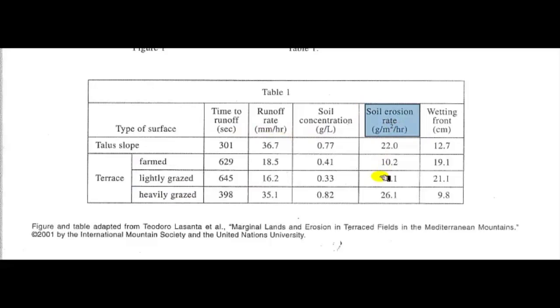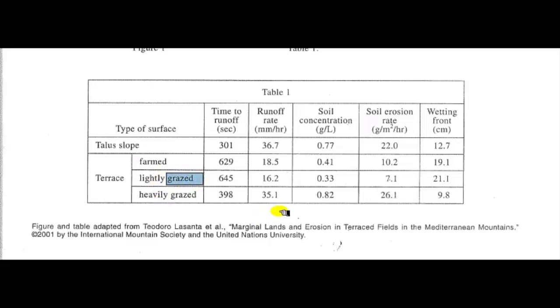Here is the erosion rate column. We compare light to heavy grazing. It looks like when there are lightly grazed terraces, the erosion rate is 7.1, which is considerably less than heavily grazed terraces at 26.1. So common knowledge would tell us this. Grazing is like a cow eating grass.